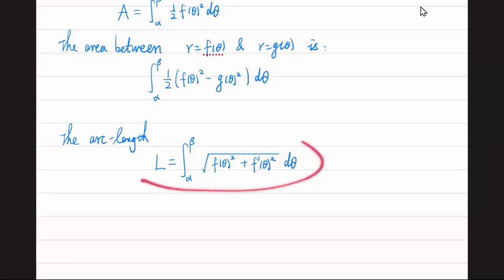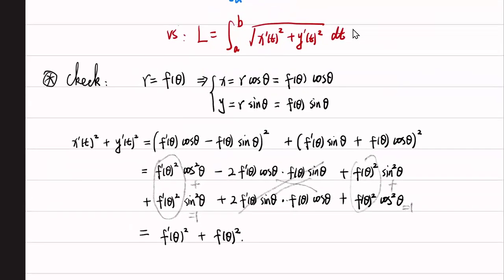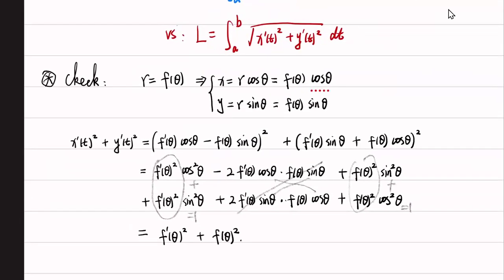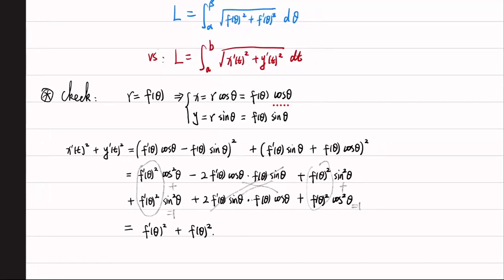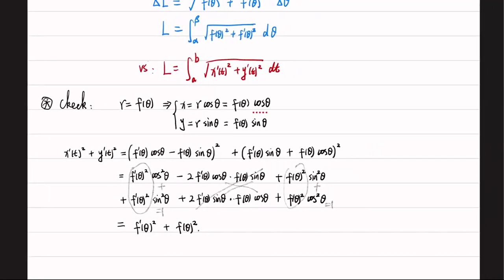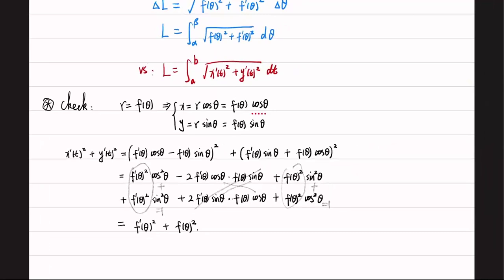So how do we get this formula? After the end of last class, I've added some details. Initially it will be the square root of the summation of the squares of derivatives. So that's from the Pythagorean theorem.